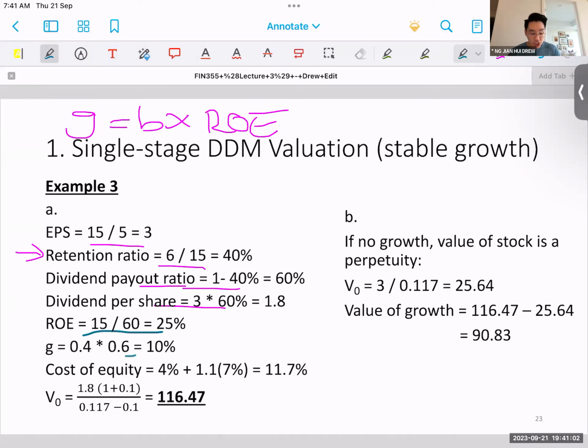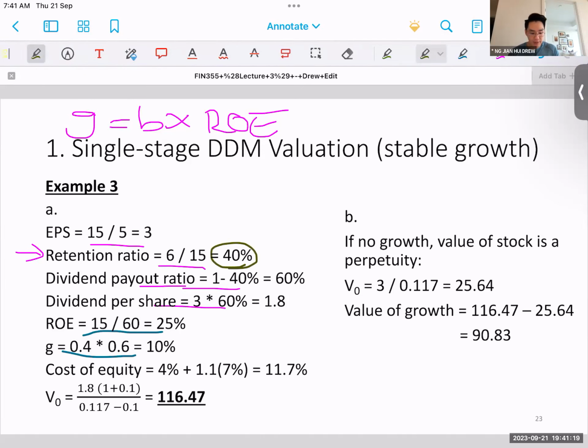And we calculate what is g, which is the retention ratio, which is b here, multiplied by ROE, which is what is given by this formula here.